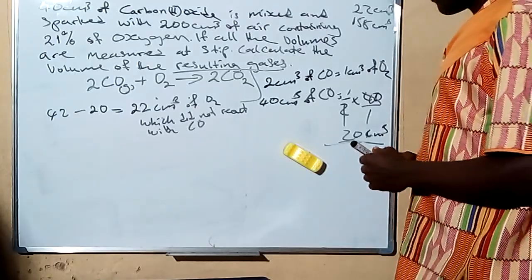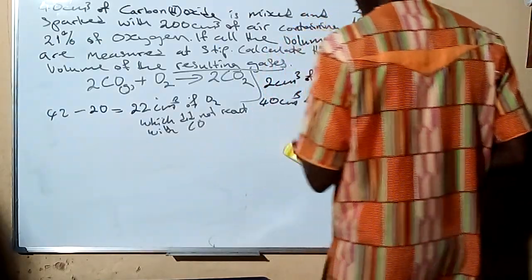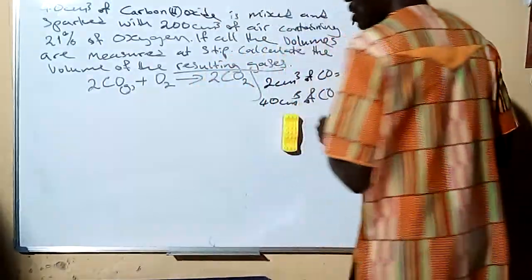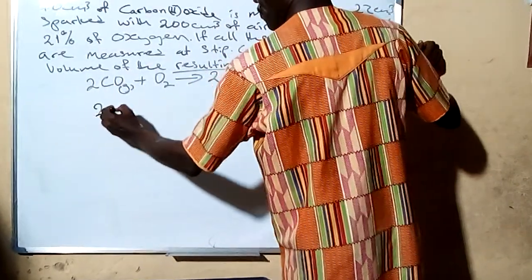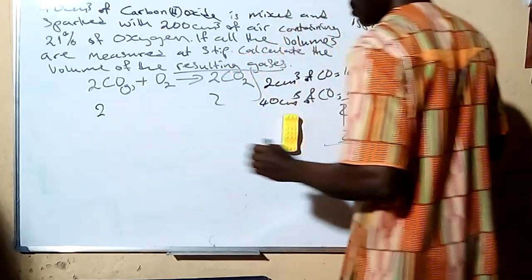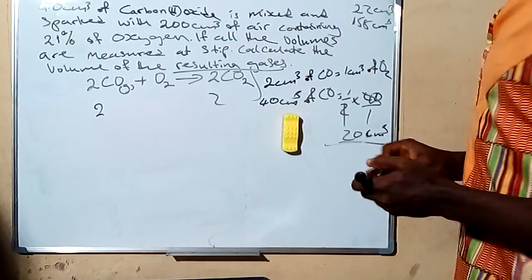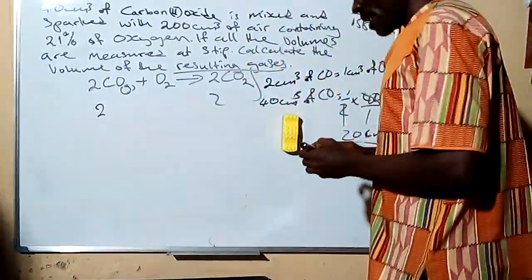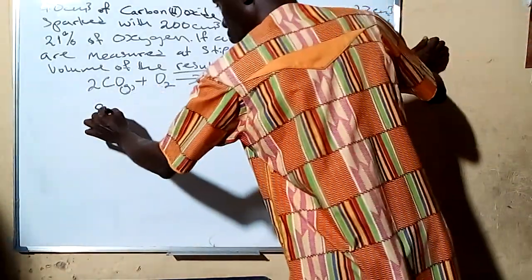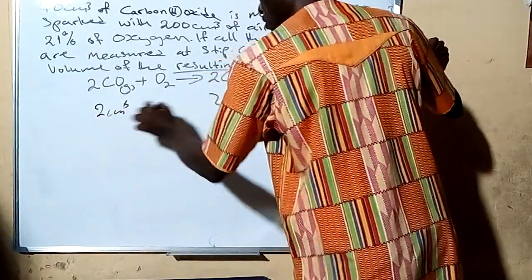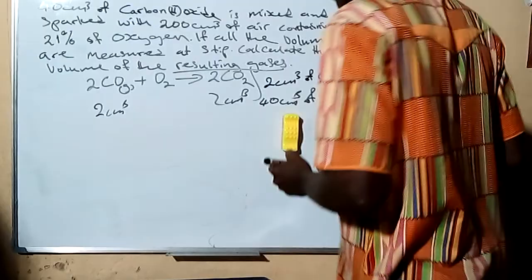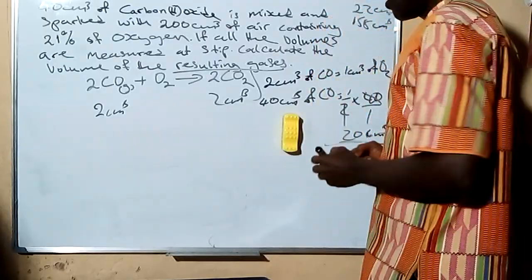Now the volume of carbon 4 oxide that is produced, we can also get by looking at the ratio of their reaction according to Gay-Lussac's law. In this simple ratio, 2 cm cube of this will give us 2 cm cube of carbon 4 oxide.